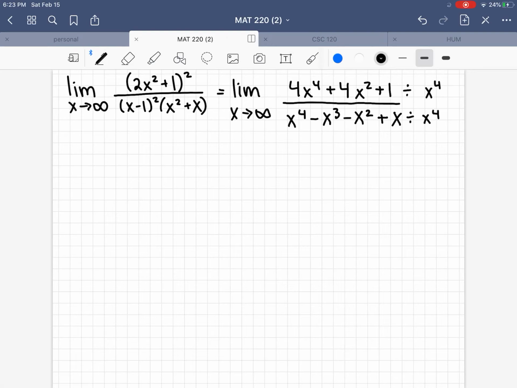So an easy way to look at that is to write each individual term out, term by term division.